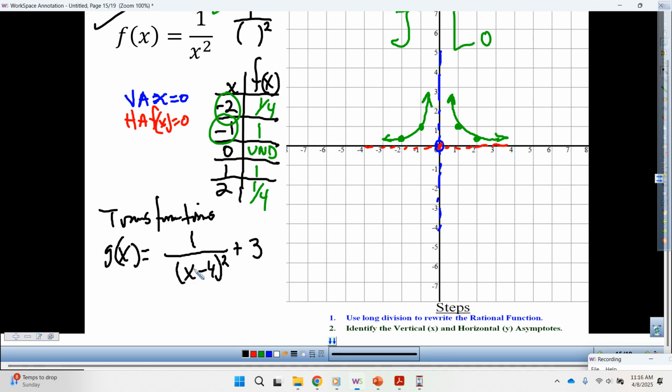Do you guys notice that this is similar to this? Yes, because of the little squared. However, now with this, we are able to move this entire graph according to these parameters.